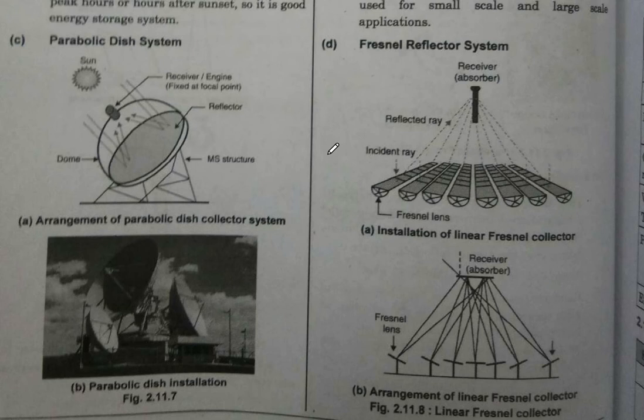It will receive all the solar radiation and reflect it onto the receiver, which is mounted at the focal point. One noticeable thing is that we have a focal point in this system.